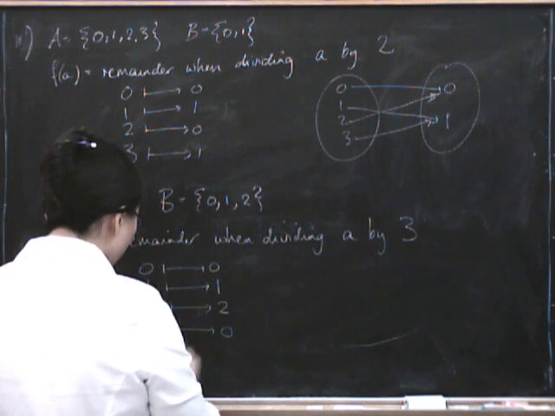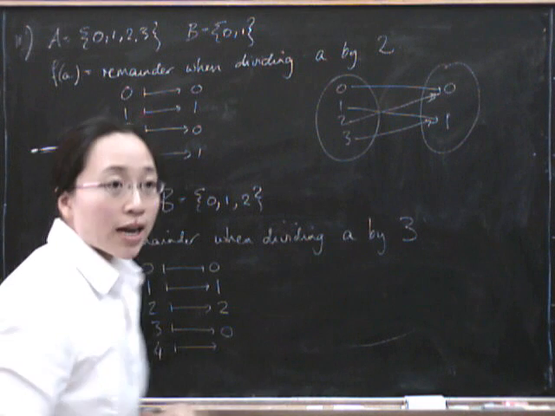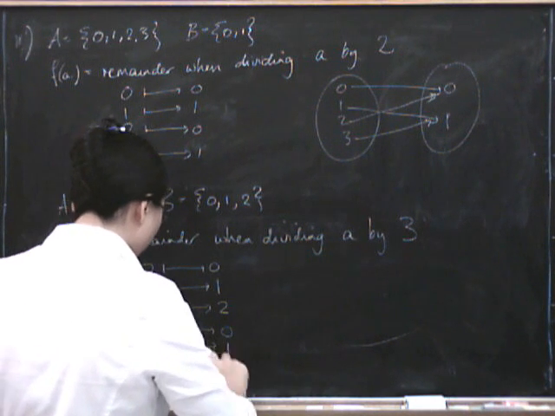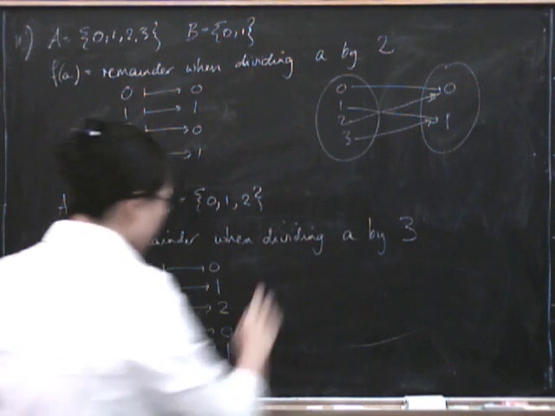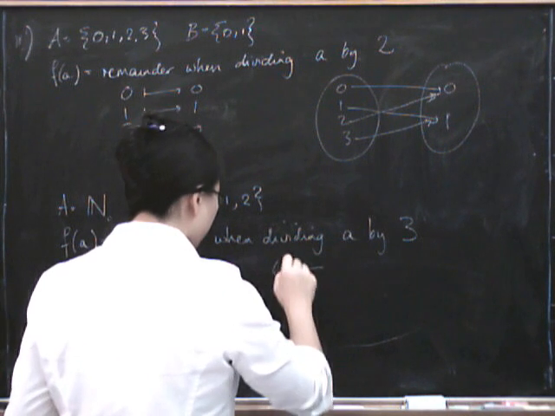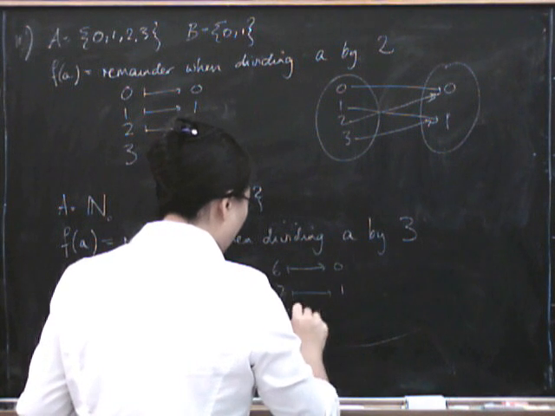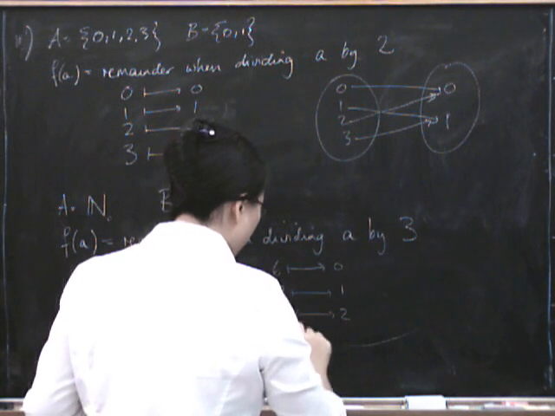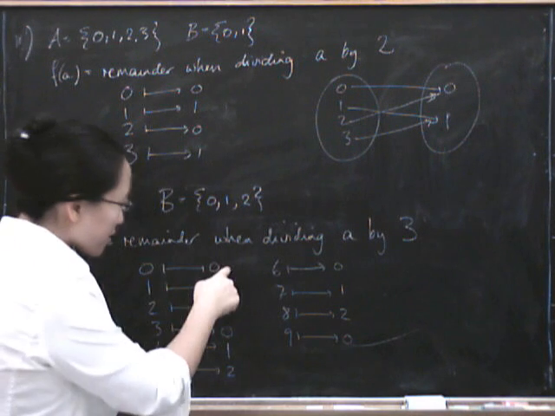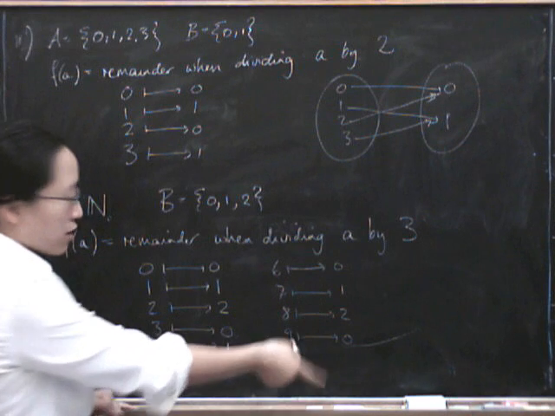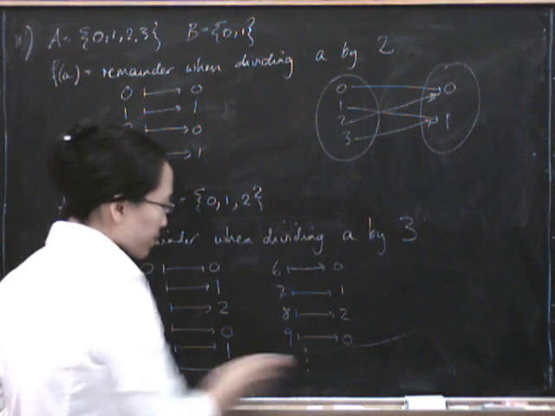Now 4, if you divide by 3, you'll get 1 remainder, so that's 1 again. 5 will go to 2. 6 will go to 0. 7 will go to 1. 8 will go to 2. 9 will go to 0, and so on. So this just cycles around. 0, 1, 2, 0, 1, 2, and so on.